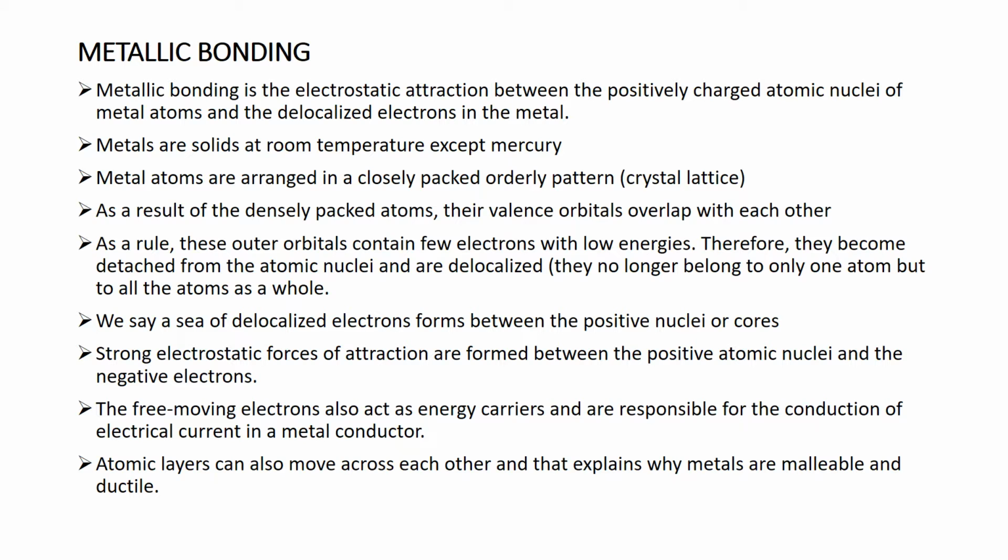That is why metals are very good electrical and thermal conductors. This is because they have these delocalized electrons that act as energy carriers of electricity. Atomic layers can also move across each other, and that explains why metals are malleable and ductile.